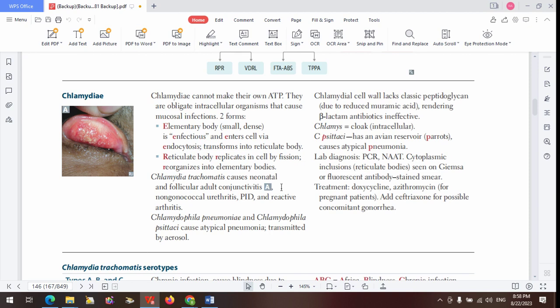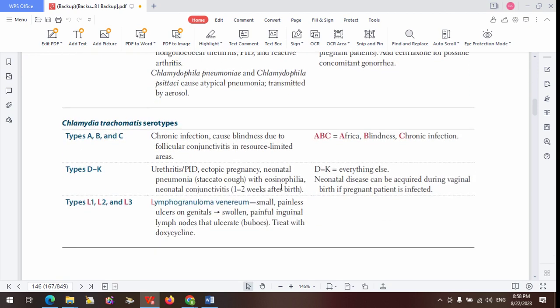Those guys are brothers. So what are the serotypes of Chlamydia trachomatis? Not Chlamydophila pneumoniae, not Chlamydophila psittaci, but Chlamydia trachomatis, which is the one that causes the eye and genitourinary tract infection. The way to always remember it is that we classify it into three forms: the ABC serotype, the D to K serotype, and the L1, L2, L3 serotype.